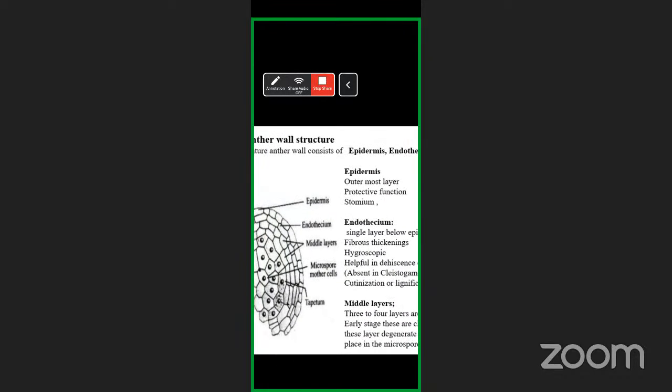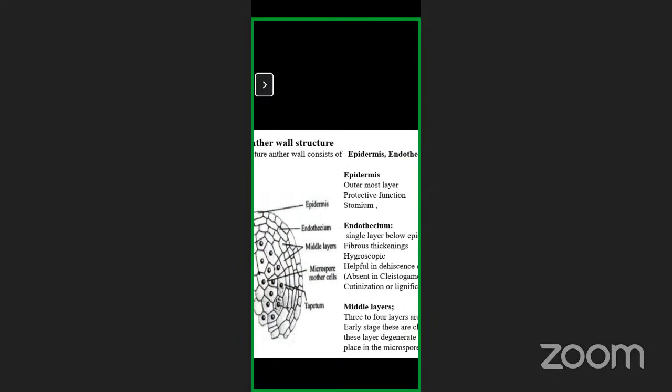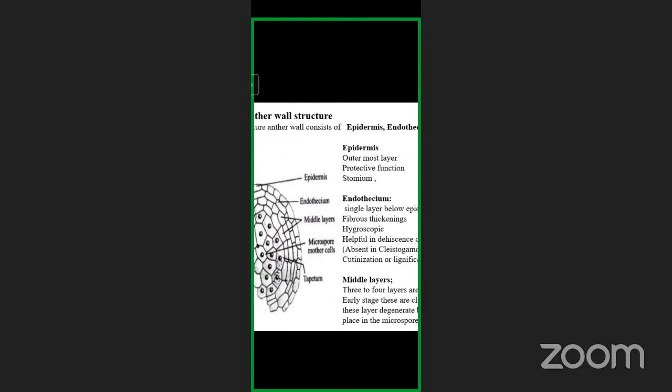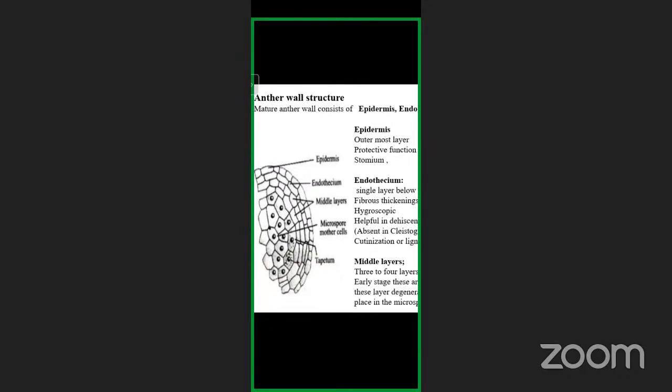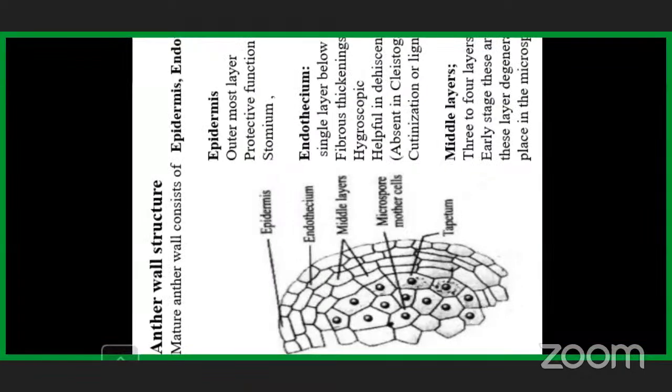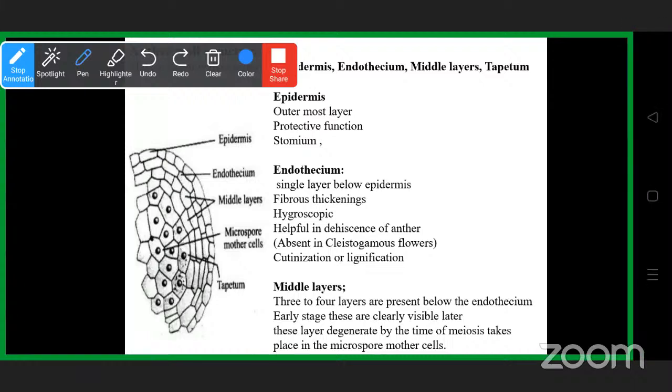It gives support, strength and elasticity to the whole anther. Epidermis is the outermost layer, protective. In the epidermis, very thick-walled cells are there here and there. The thick-walled cells we call the stomium. I already told you about the stomium cells. From the stomium cells the spores will come out.